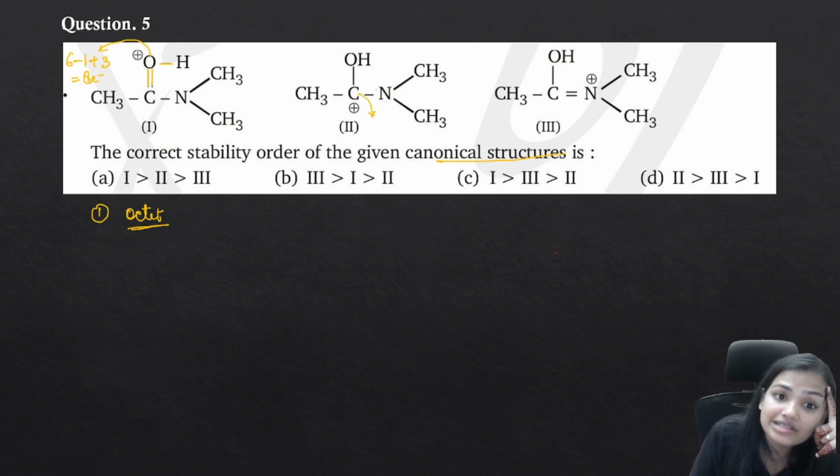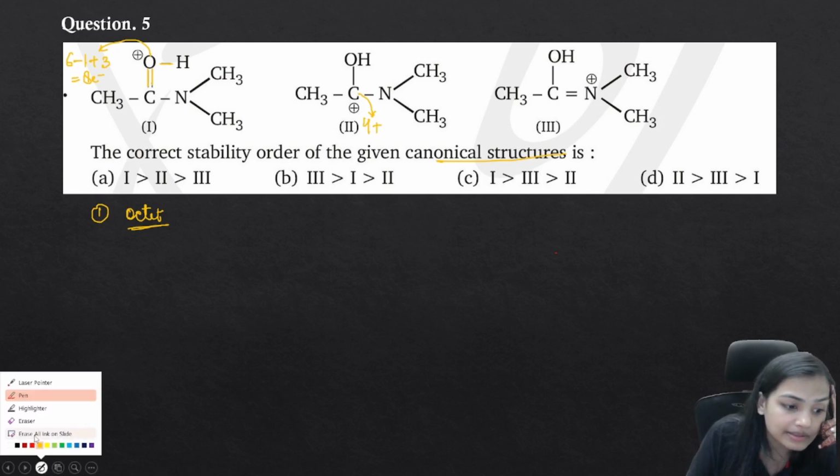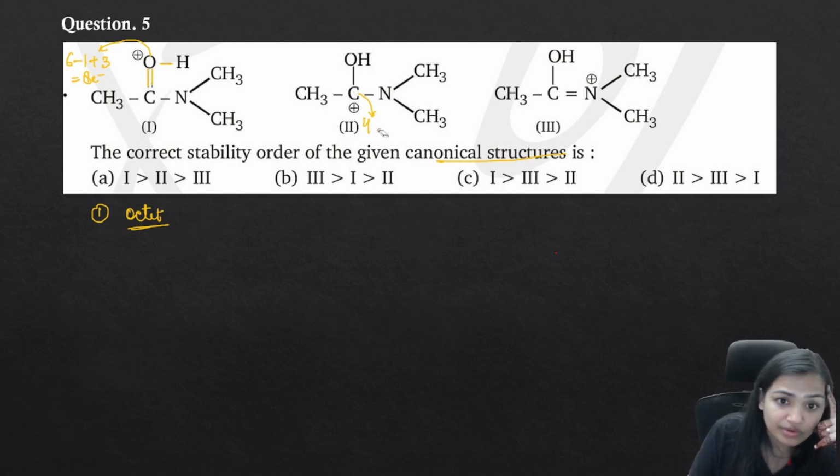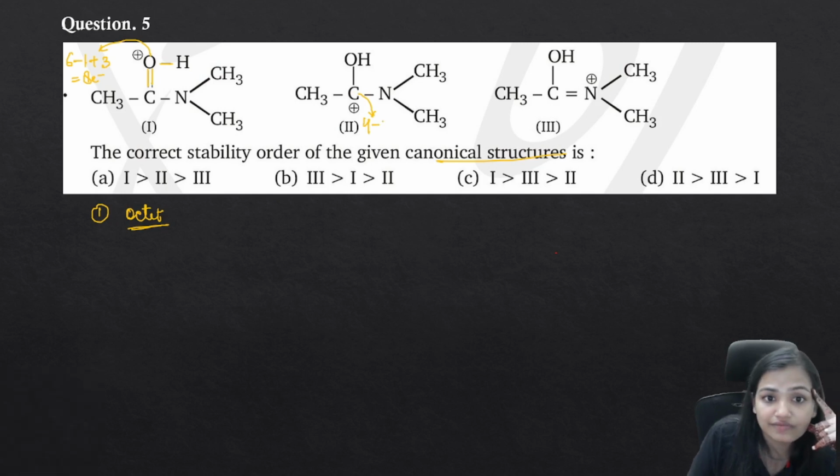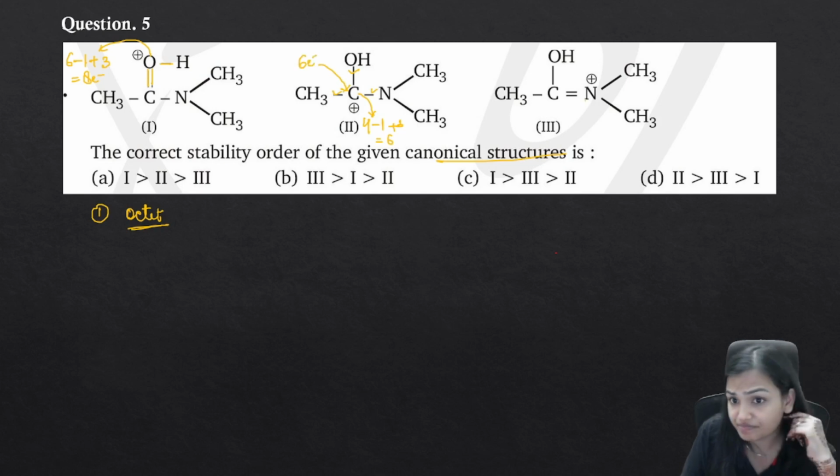Carbons are always 6 electron species because we know carbon has 4 electrons, and with a positive charge you have to lose 1 electron, and then 3 bonds are getting formed. So 4 minus 1 is 3, plus 3 is 6 electrons. So yes, they are always 6 electron species.